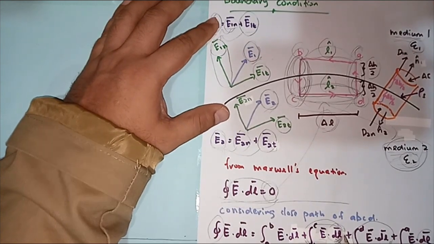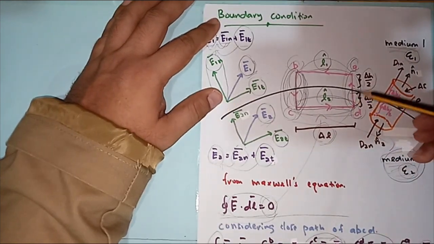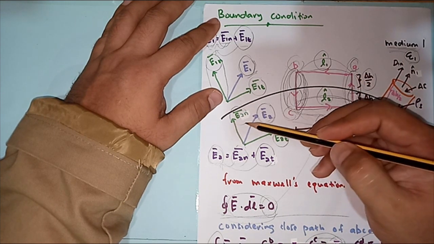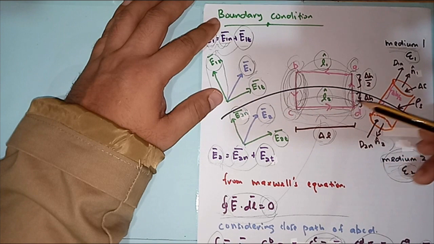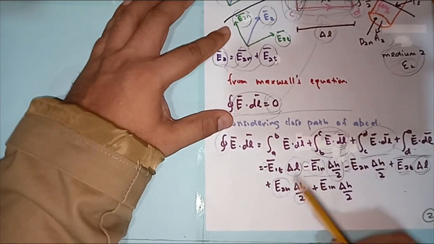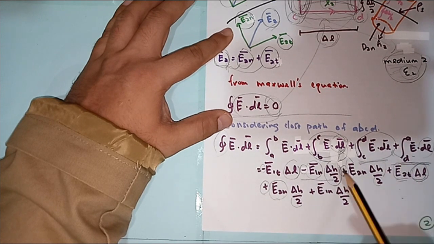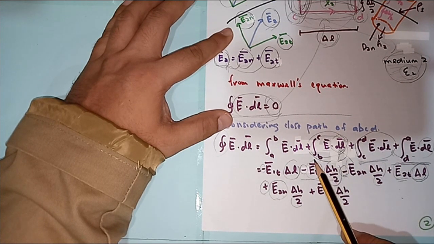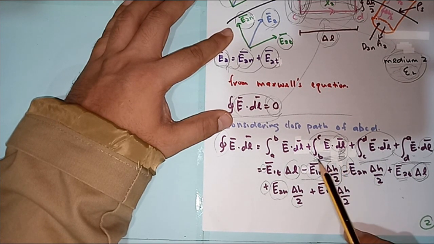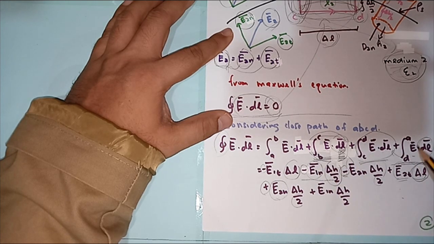In this case, because the direction of this line and the direction of the normal component of the E2 vector are the same, we have a plus sign here. The delta L here is equal to delta H divided by 2.